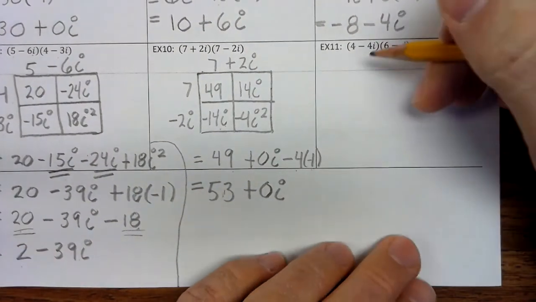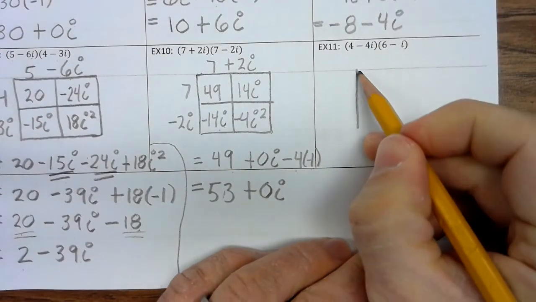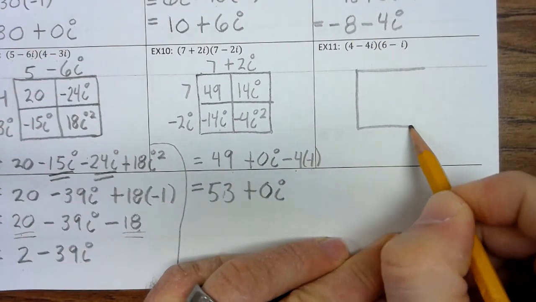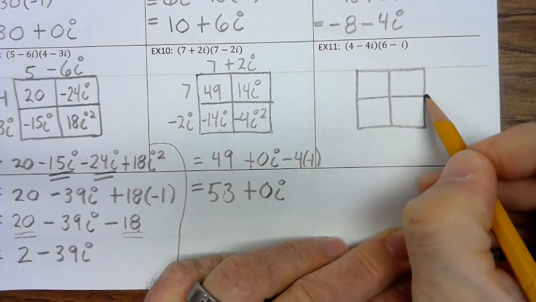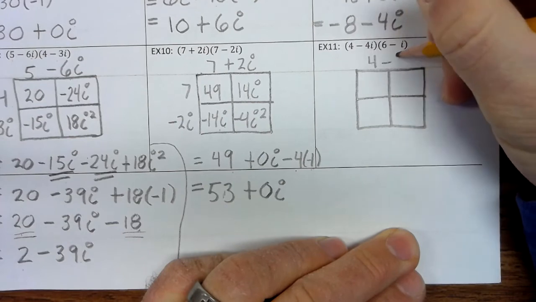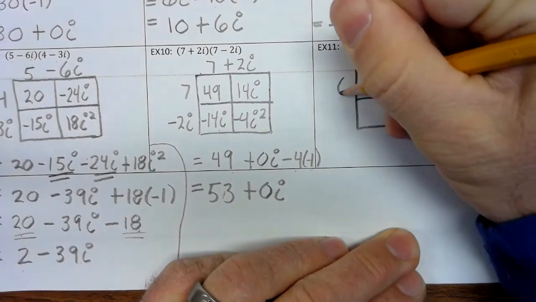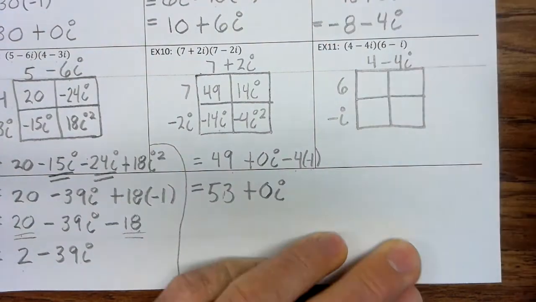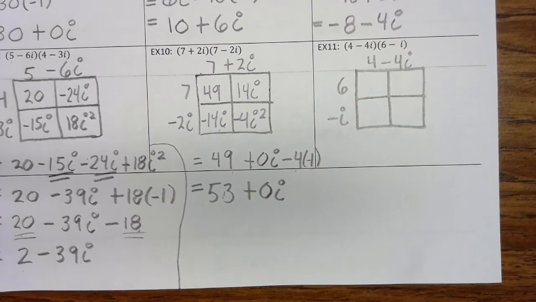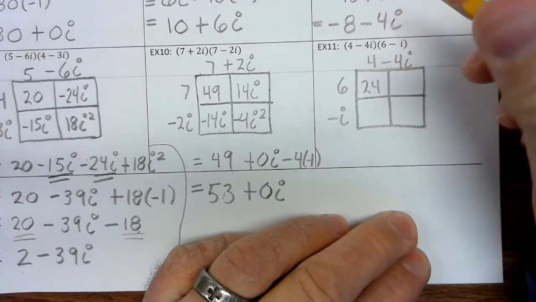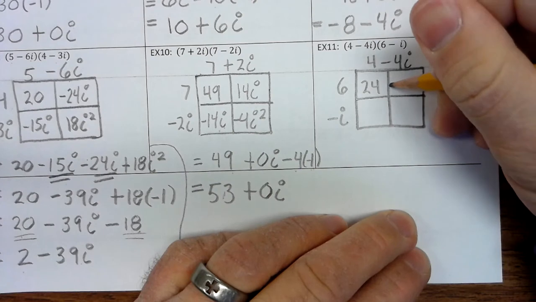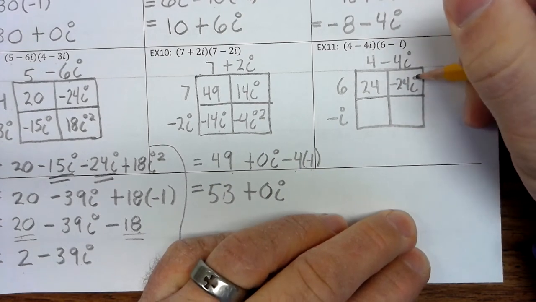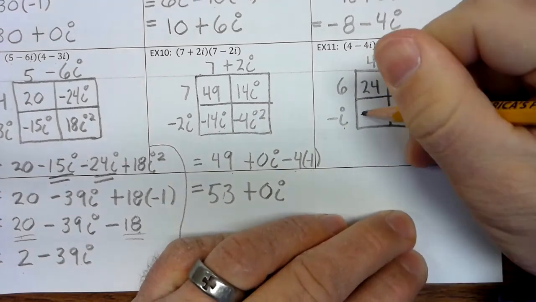All right, example 11. Again, multiplying using the box. So 4 minus 4i times 6 minus i. So 6 times 4 is 24. 6 times negative 4 is negative 24i. I times negative 4 is negative 4i.